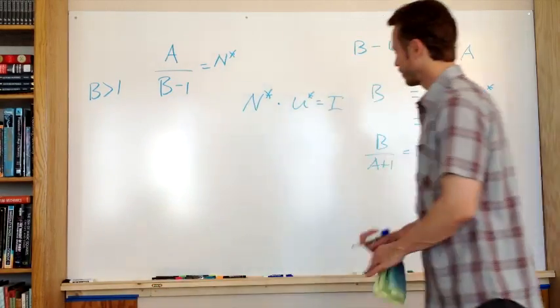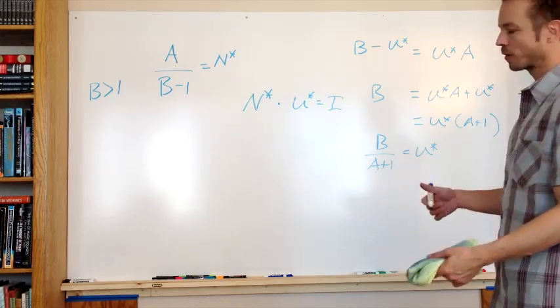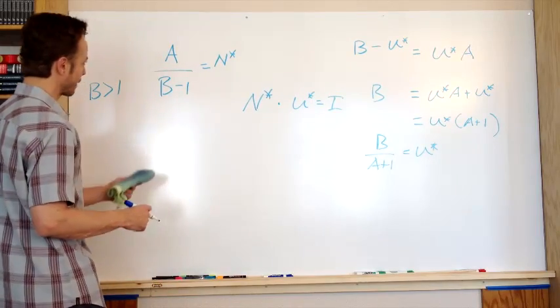Now that we have solved for n star and U star in the identity constant, let's derive the proper equations for finding where A and B are relative to one another. And they're actually quite simple.